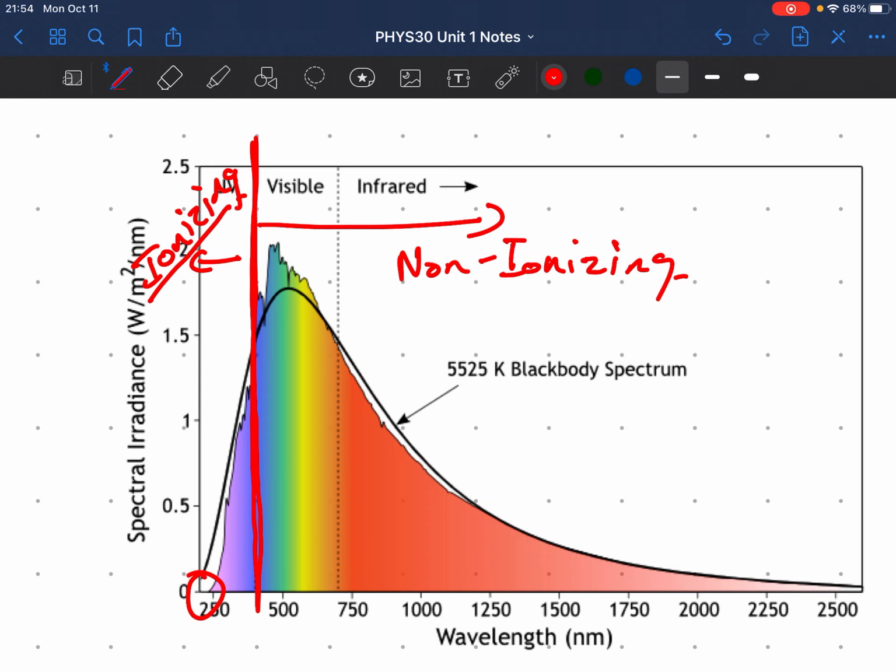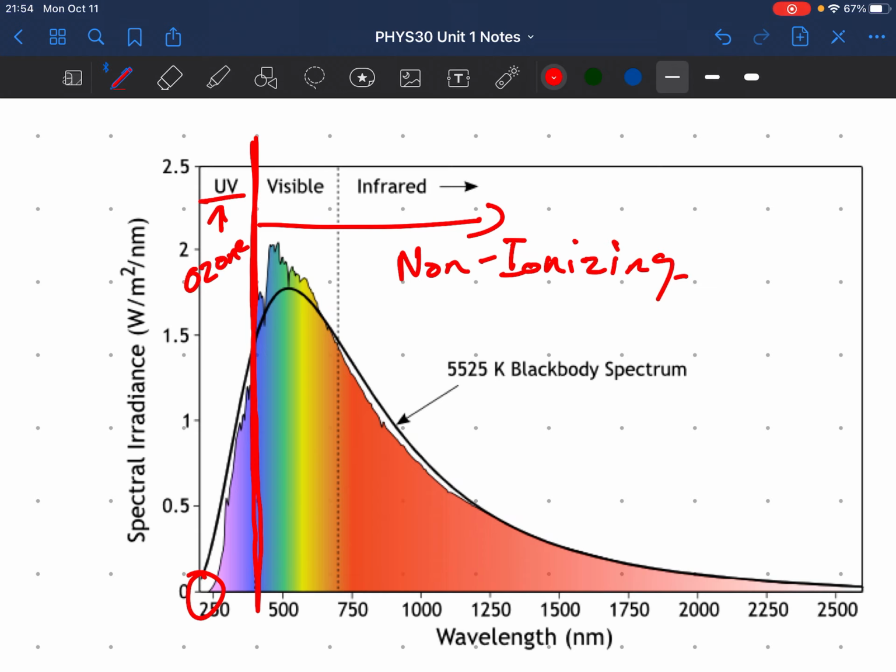The ozone layer also takes care of a lot of the UV radiation. So the ozone layer blocks out a lot of the UV radiation, so it's not a big deal. If you stay out for a long time, you get sunburned, but the ozone layer does a pretty good job of blocking out the UV radiation. So we don't actually get a lot of ionizing radiation from the sun.